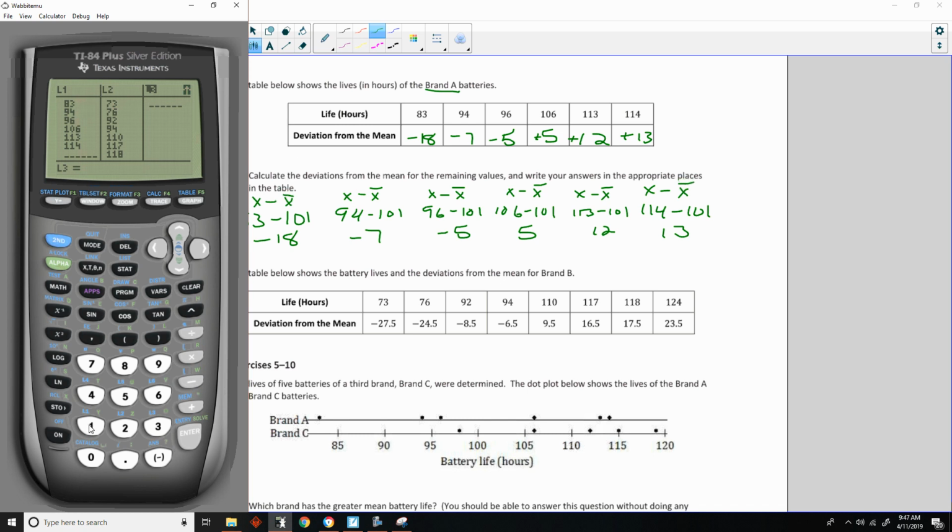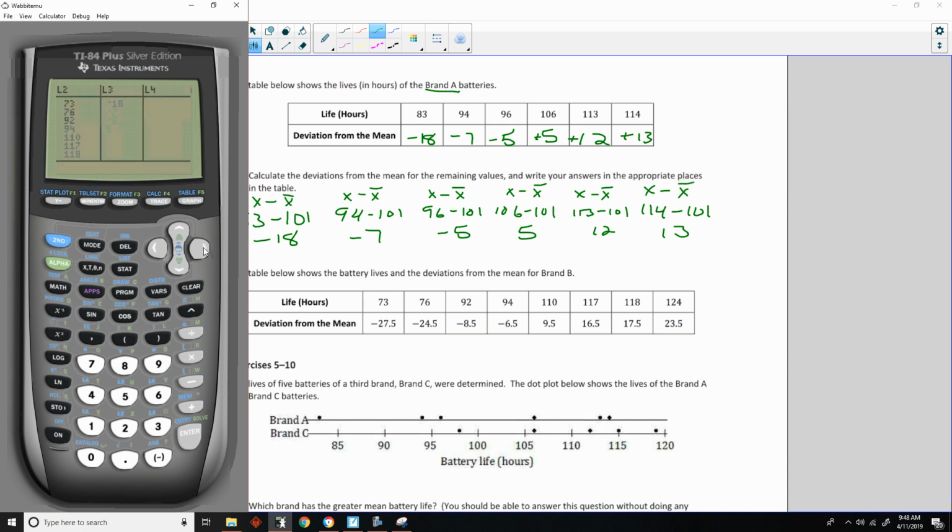I want to take L1, and what did we do? We subtracted the mean, which was 101. So this L3 column is going to be this column minus 101. And when I hit enter, boom, negative 18, negative 7, negative 5, 5, 12, 13. Pretty cool, huh?